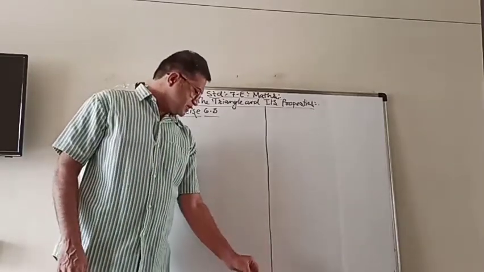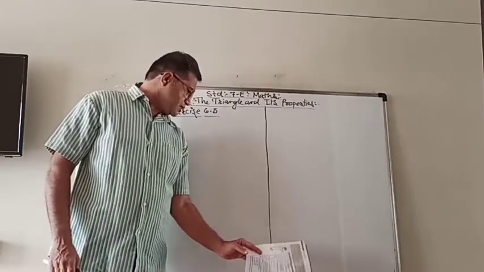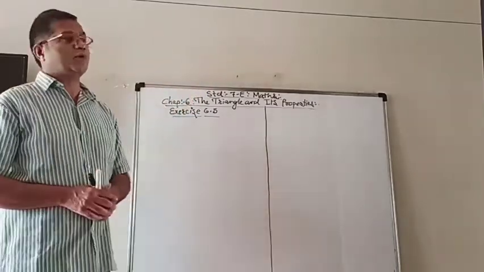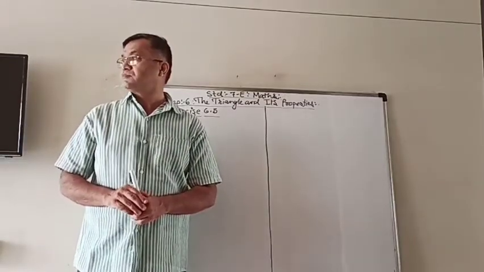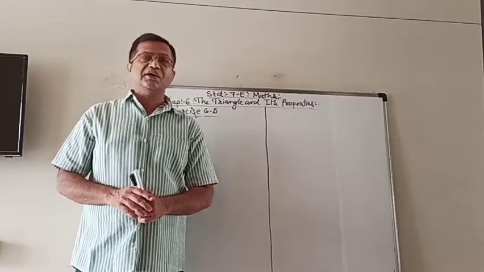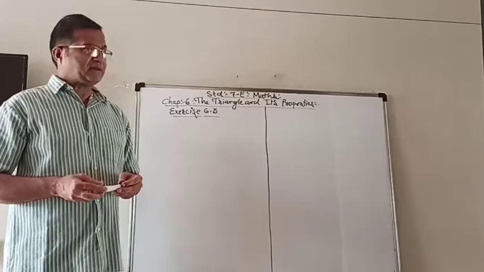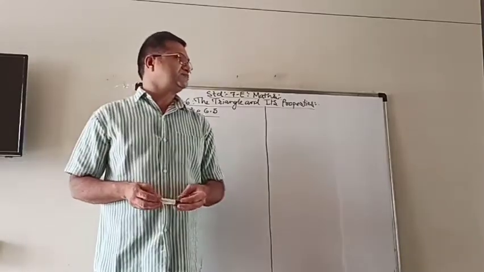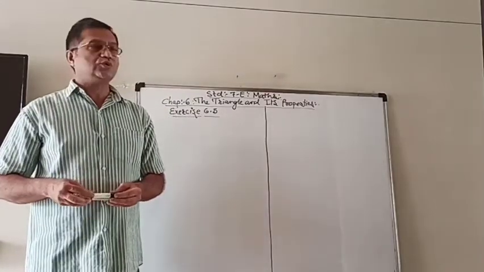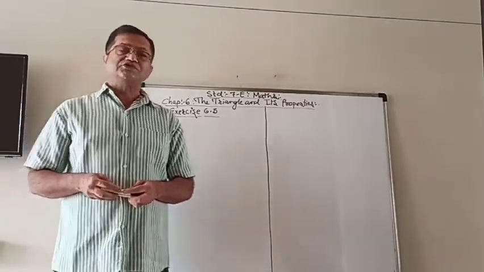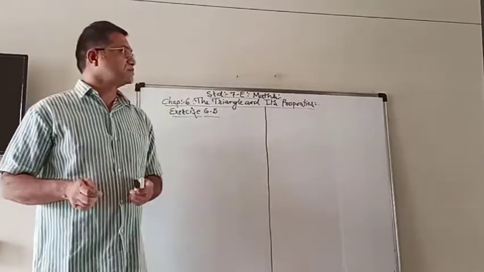In maths we are busy with chapter number 6, the triangle and its properties. In the last session we learned about a very important property for right angled triangles, known as Pythagoras property. Pythagoras property says that the square of the hypotenuse is equal to the sum of the squares of its legs.